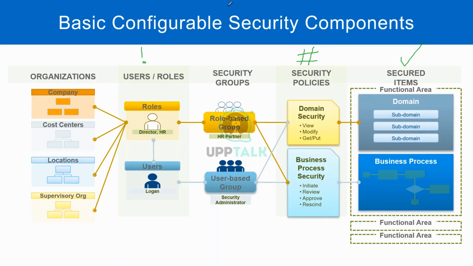And so, if I ask you this, what are the two types of security policies that we have in Workday? What would you say? Domain security and business process security. Absolutely. So there are two types of security policies: domain security policy and business process security policy. And what does the domain security policy secure?